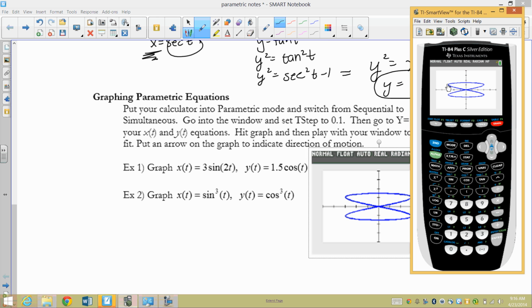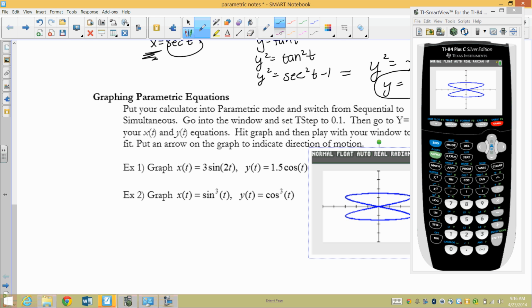Let me do it one more time just to give you a better idea. It started from the bottom left, came around, and went back up this way. So on my graph, I started from the bottom left, came around, and then came back down this way.